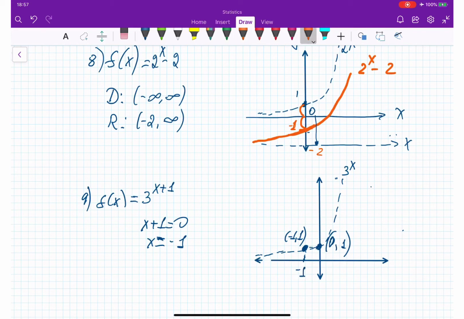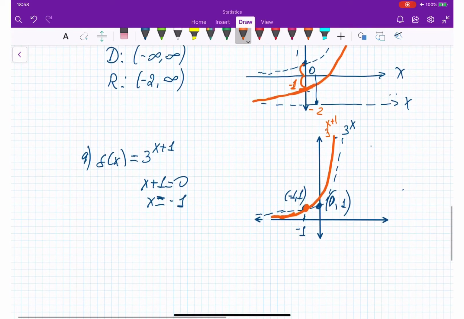So the graph is gonna look like this. And this is our point. So this will be 3 to power x plus 1. Okay, next one.